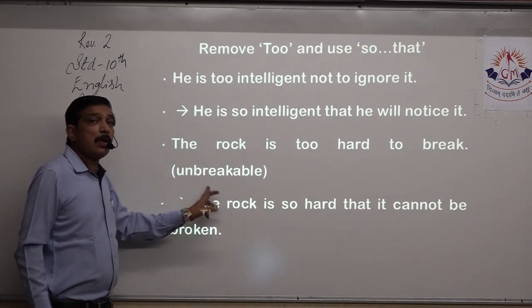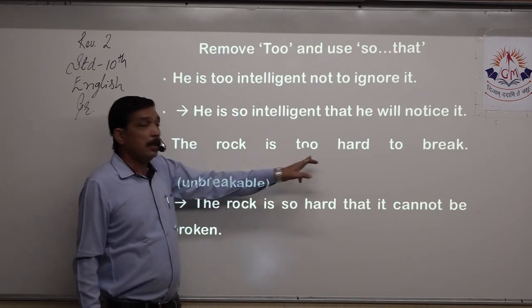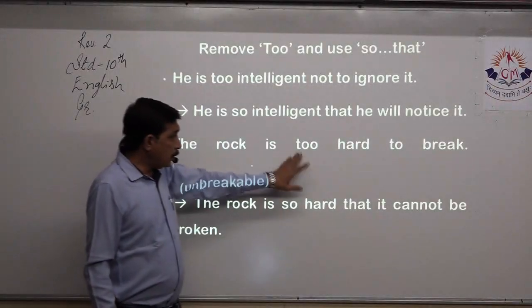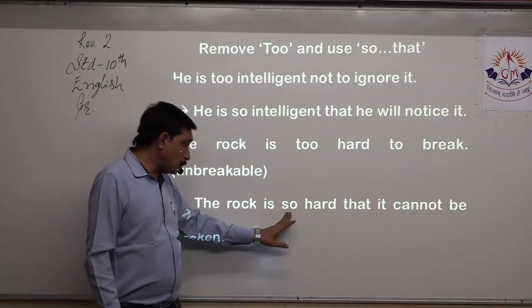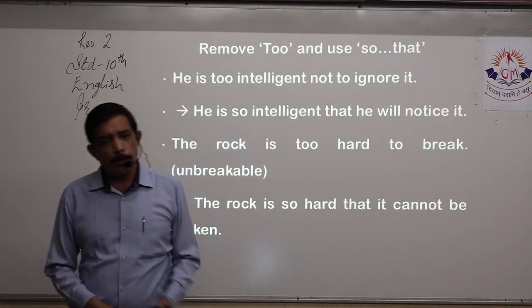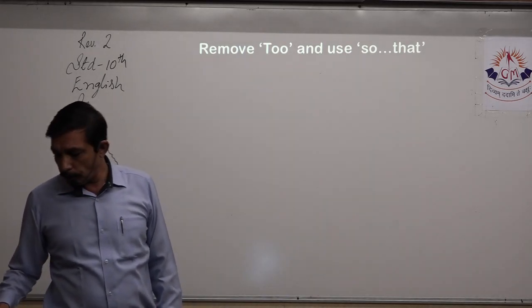That means we did not change the meaning even when we removed to and inserted so that. Yes, to is there, negation is not there. So that is there, negation is there. Simple. We just follow the rule. That is only one rule and we are going to follow it.